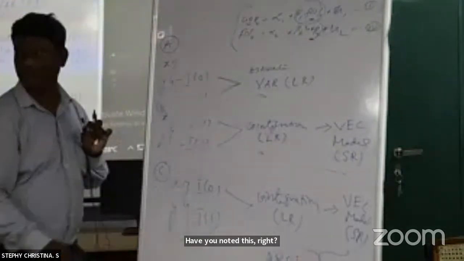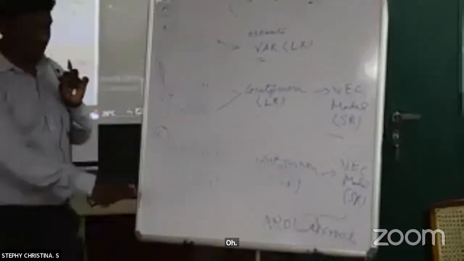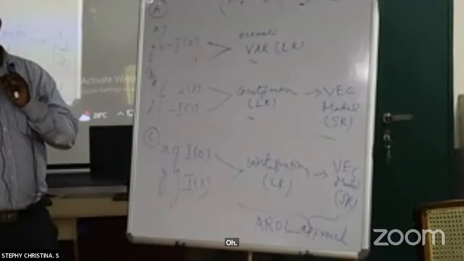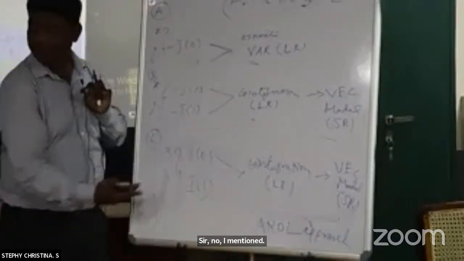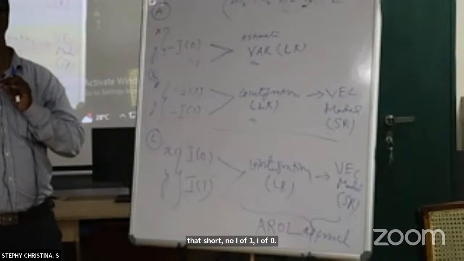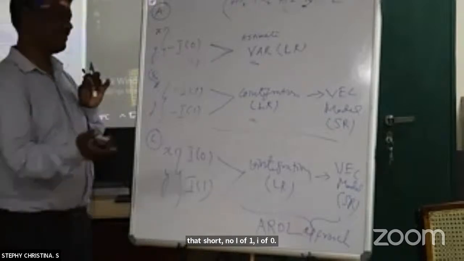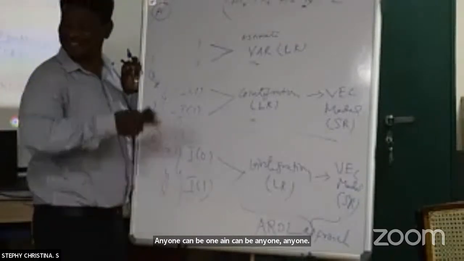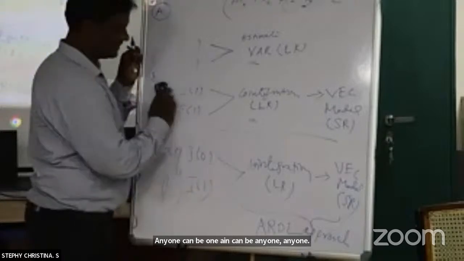So, the ARDL model, third, I mentioned. I have one, I have zero. Anyone can be one. It doesn't stick only to x and y, x also, the other way also.